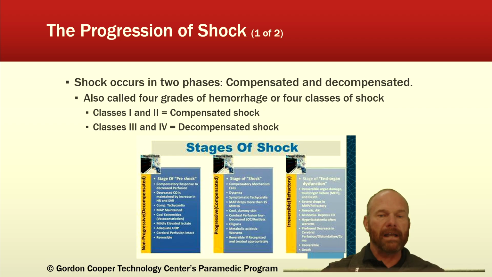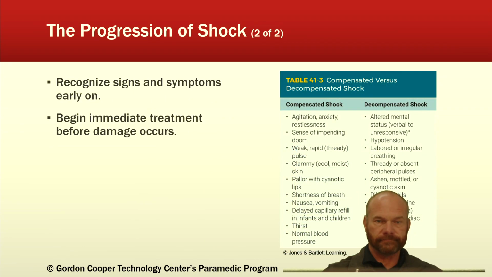The body's compensatory mechanisms start to fail, leading to inadequate perfusion. And then, of course, you have an increased risk of organ dysfunction. So once again, shock is classified into compensated and decompensated phases, which correspond to the 4 classes of shock. 1 and 2 represent compensated, where the body can still maintain adequate function. 3 and 4 are decompensated, where significant failure of compensatory mechanisms starts occurring.